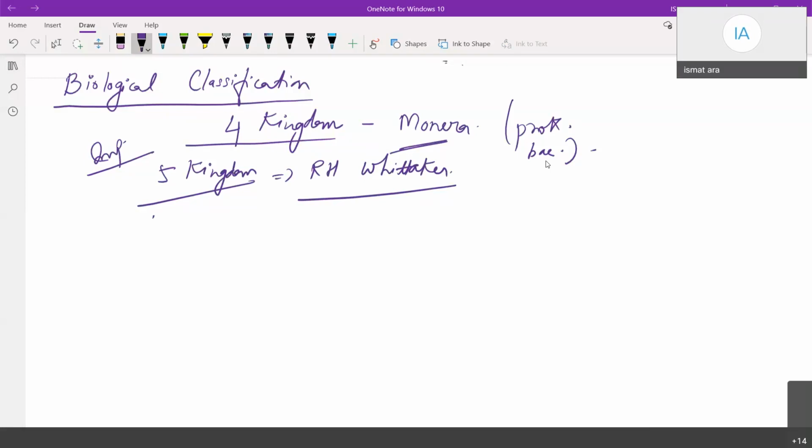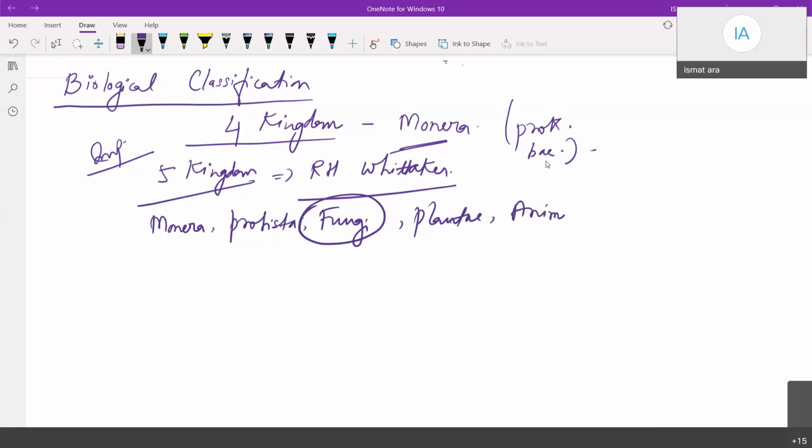Monera, Protista, third kingdom Fungi, this one newly added, fourth Plantae, fifth Animalia. This is the five kingdom classification: Monera, Protista, Fungi, Plantae, Animalia.